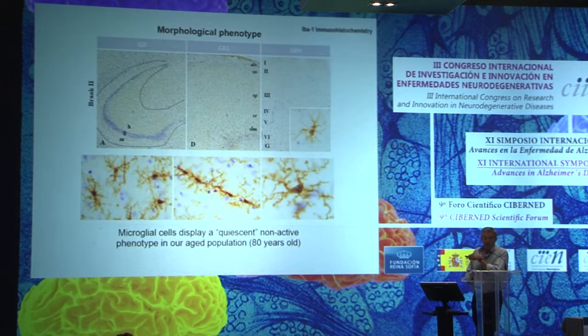Moreover, from the morphological point of view, in our cohort, the microglial cells seem to be totally quiescent or resting, in the sense that they are perfectly ramified with a small cell body. Some cells usually align around the apical dendrites of the pyramidal cells.